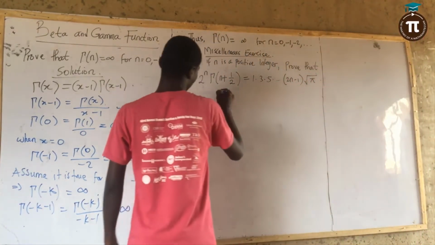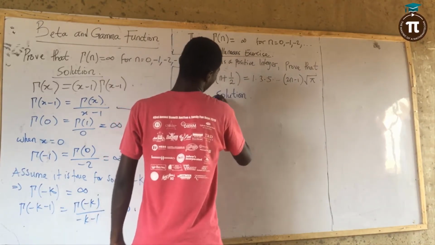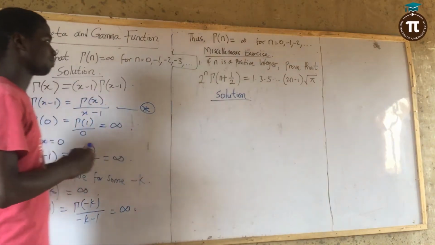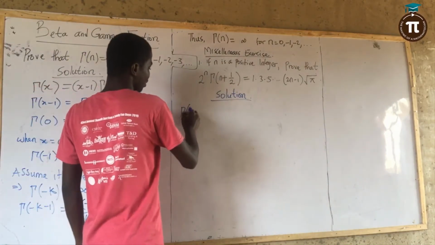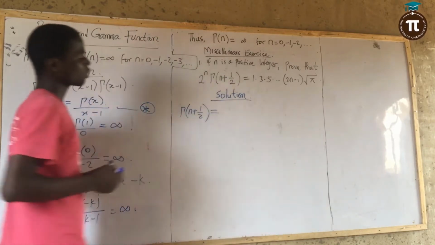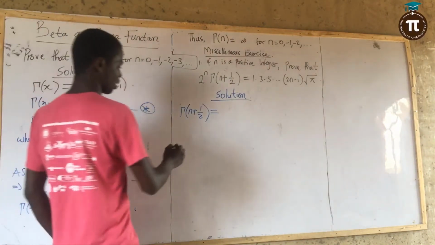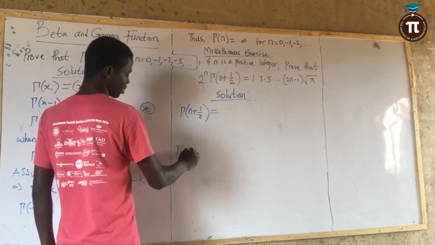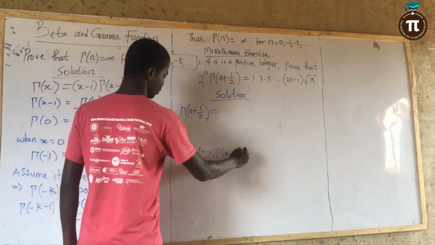Solution. The first thing we have to do is gamma of n plus 1 over 2. What will gamma of n plus 1 over 2 become? Don't forget, this is very important: gamma of s equals (s minus 1) gamma of (s minus 1).